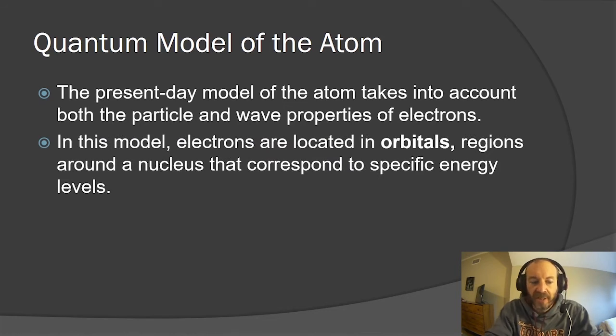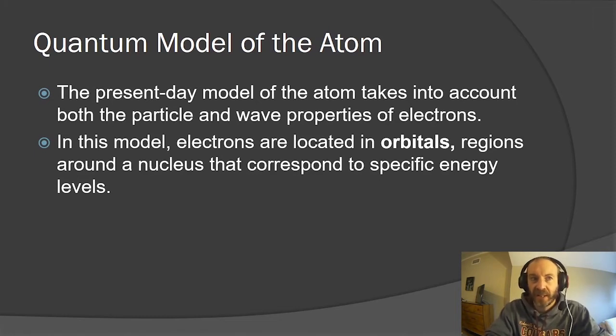Instead of the electrons being located just somewhere outside of the atom, and you should write this down, they're located in orbitals, which are regions that correspond to specific energy levels calculated by quantum mechanics and calculus. We would never do those calculations.